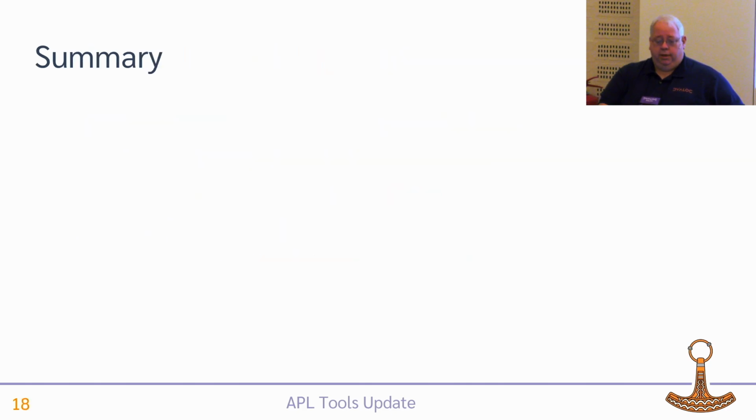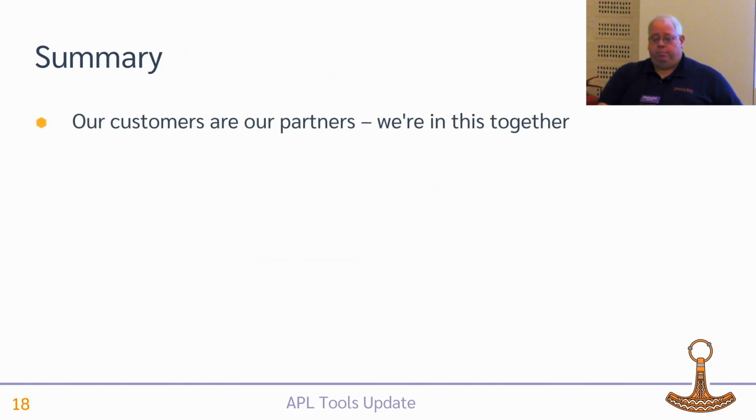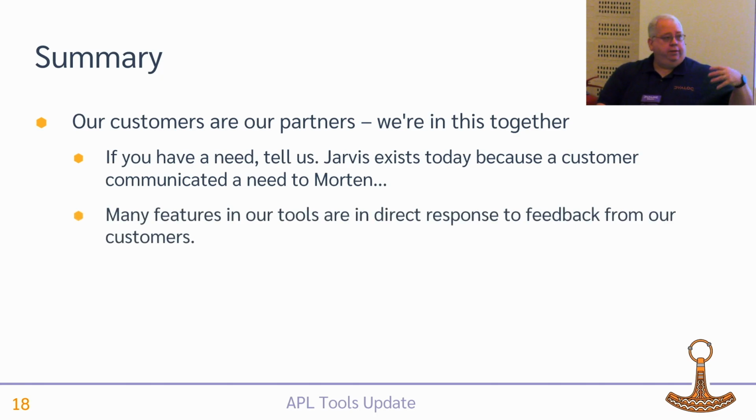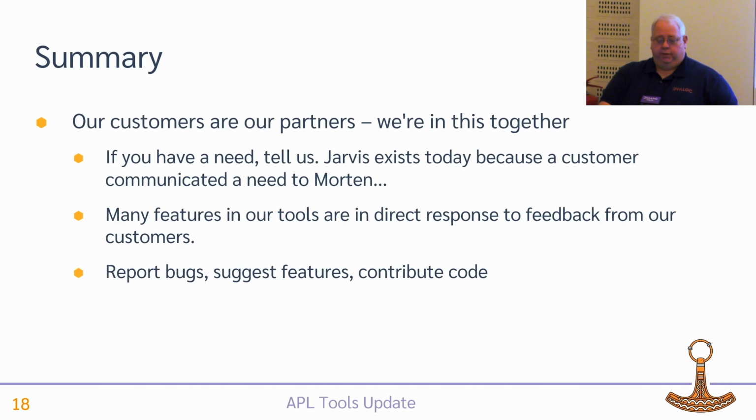utilities. And so in summary, our customers are our partners, and we're in this together. And so if you have a need, tell us. I mean, the reason Jarvis exists today is because a user communicated a need to Morton. And so many of the features in our tools are in direct response to feedback we've had. And so please report bugs, suggest features, and if you care to, contribute code.